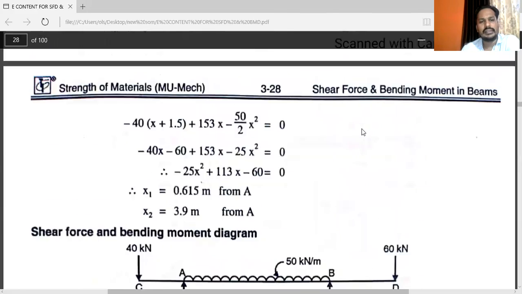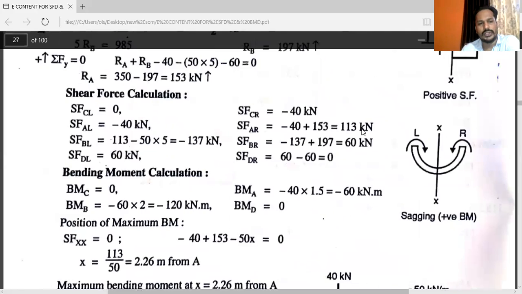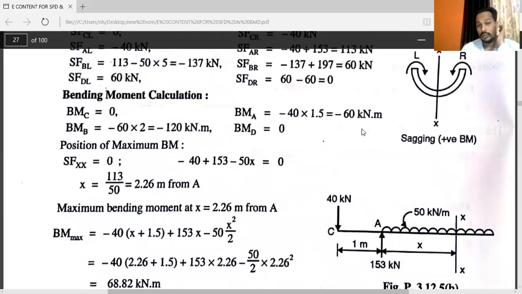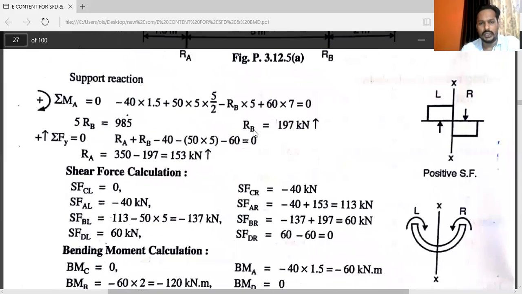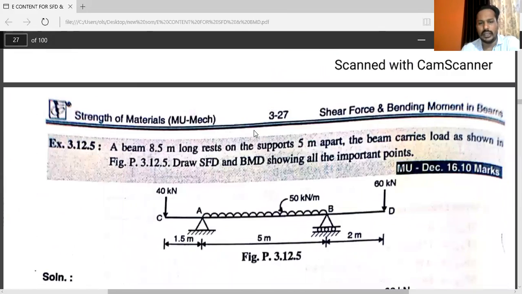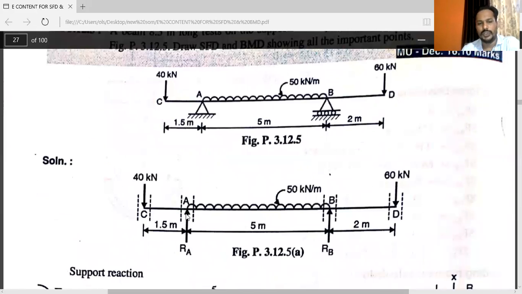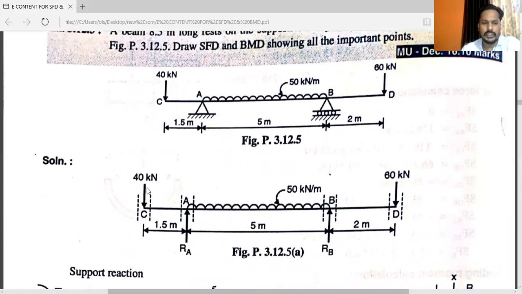Now the next calculation is a very important calculation, that is bending moment calculation. As we know, at the end points, at point C and at point D, it will be 0. So here you just have to calculate at point A and at point B. Here you can see the bending moment at point A: 40 kilonewton is in hogging condition.